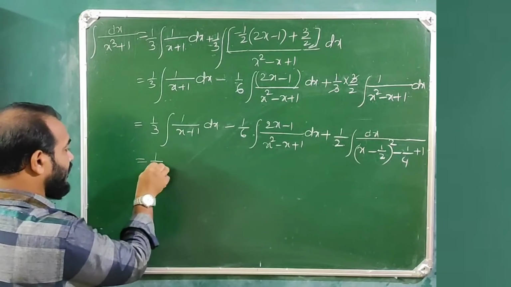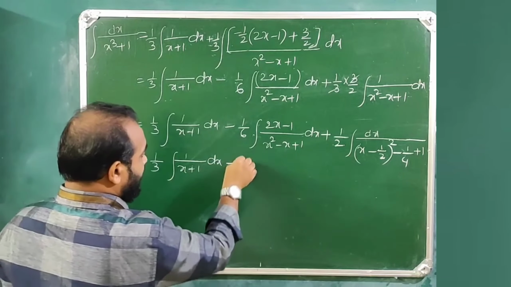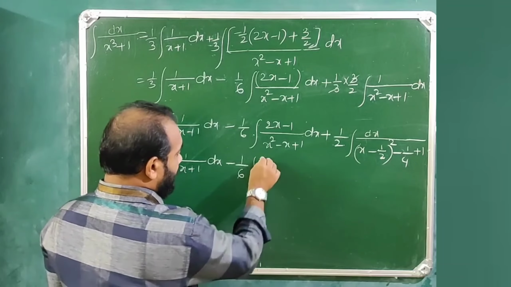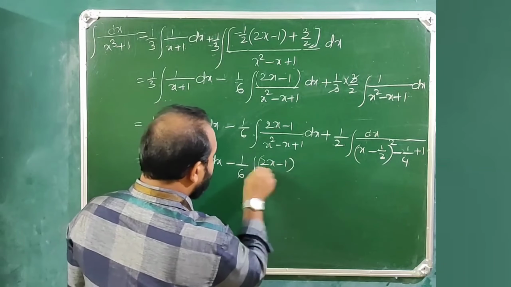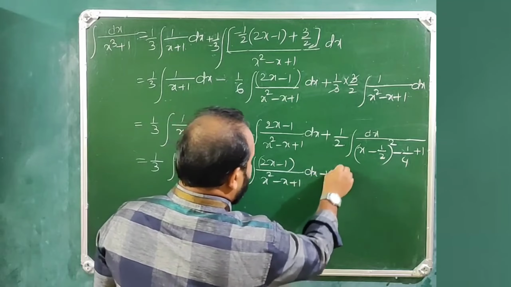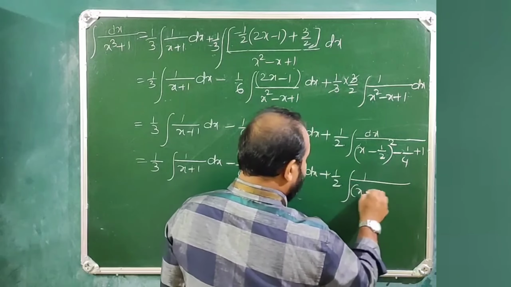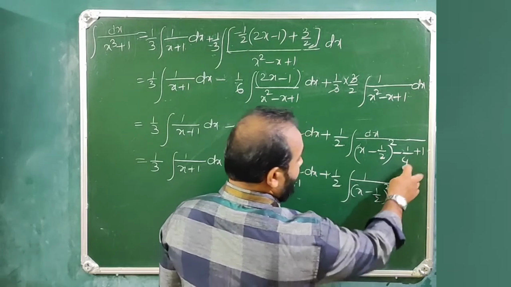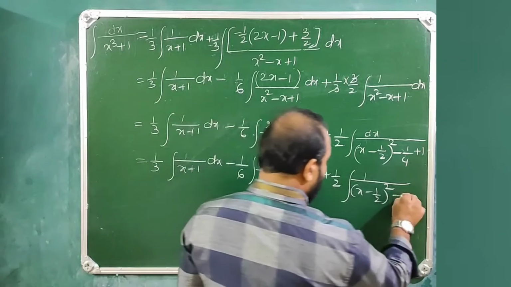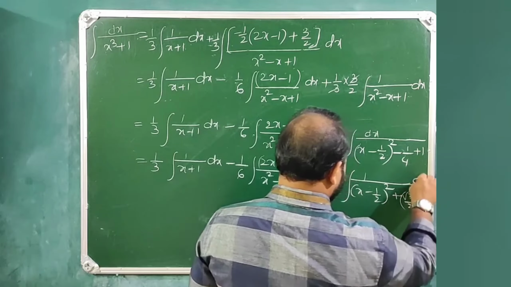So this is 1 by 3, 1 by x plus 1 dx, minus 1 by 6 into 2x minus 1 by x square minus x plus 1 dx, plus 1 by 2, 1 by x minus 1 by 2 whole square, 4 ones are 4, 4 minus 1 is 3, so 3 by 4 is root 3 by 2 whole square dx.